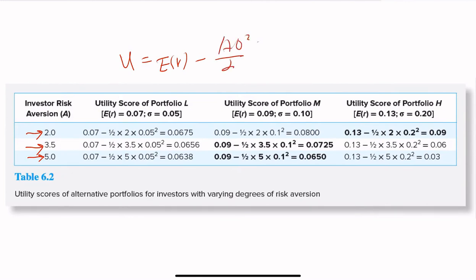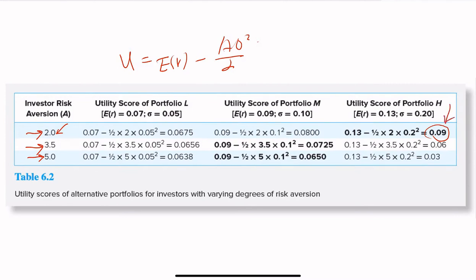After plugging numbers for the first guy with a risk parameter of 2, we get 3 utilities. And since utility measures the attractiveness of the portfolio, we can see that this is preferred.